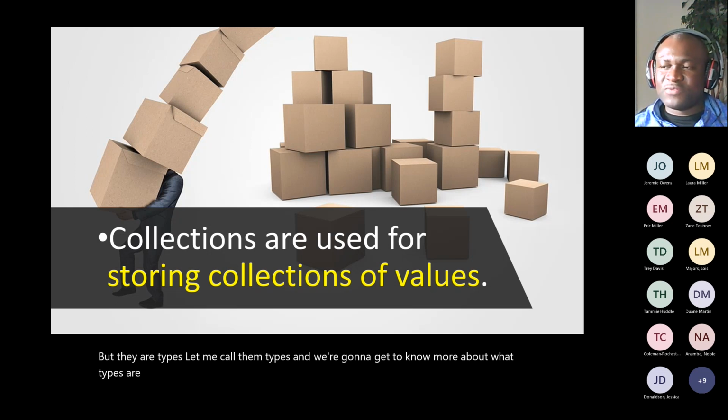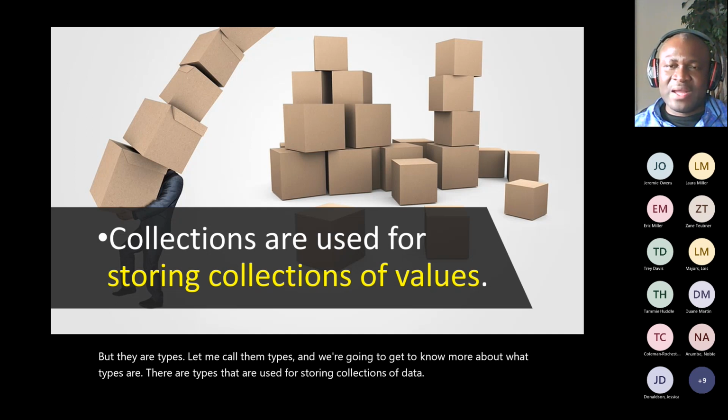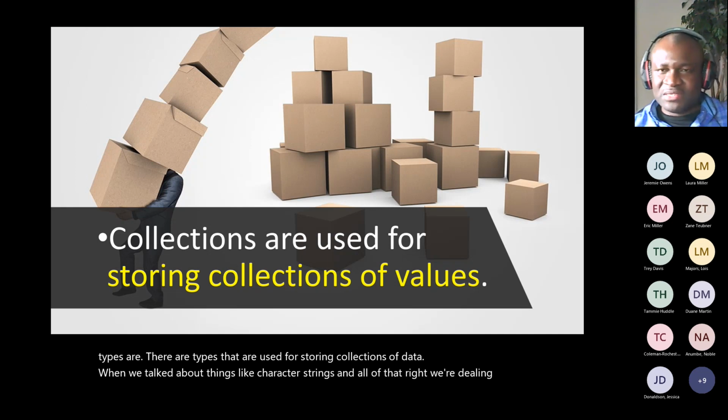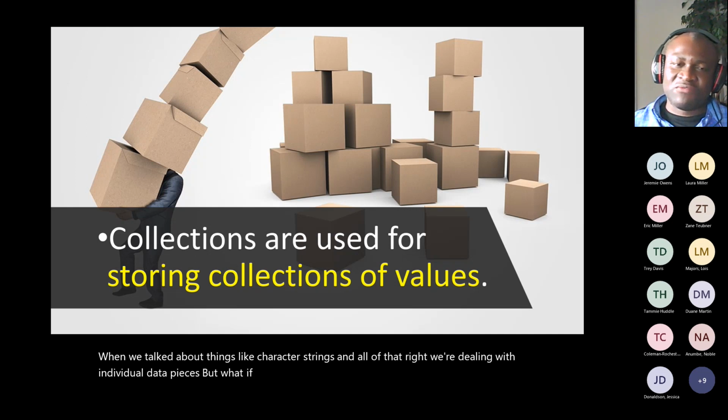They are types that are used for storing collections of data. When we talked about things like character strings, we were dealing with individual data pieces. But what if I have a collection of values that I want to store?